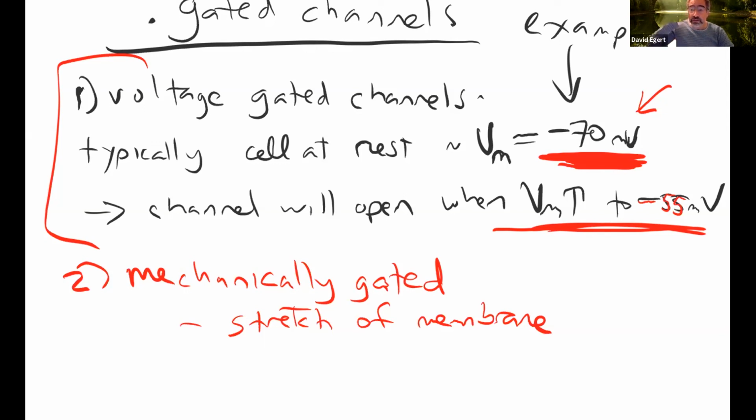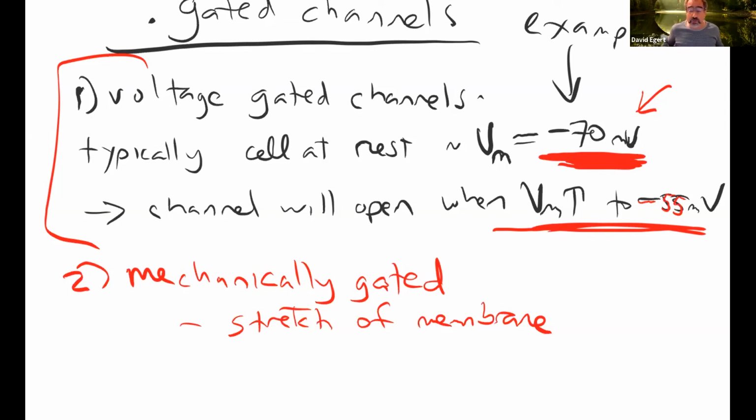Your eardrum is vibrating, and that vibration is ultimately working these mechanically gated channels that open or close based upon the vibration, the movement of your eardrum. And that is going to create flows of ions across the membrane, which again is an electrical signal going to your brain. So mechanically gated channels are going to be responsible for touch. They're responsible for hearing.